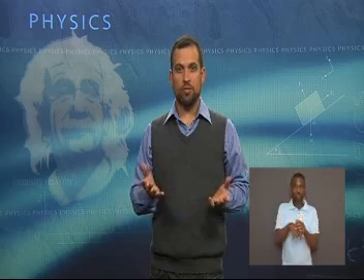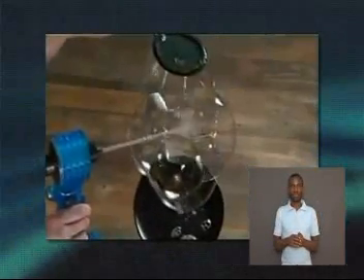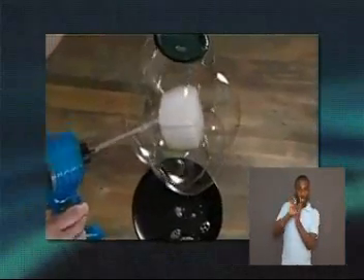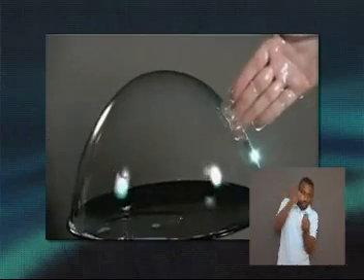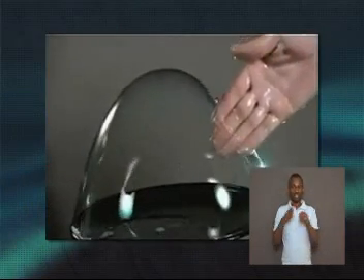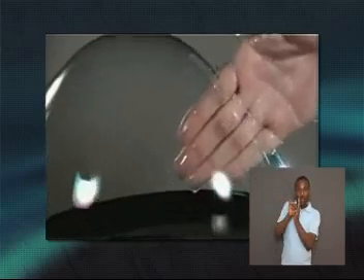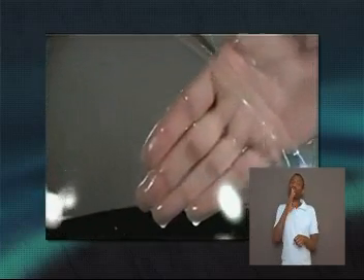Students, if you would like to conduct an experiment in surface tension at home, simply add some dish detergent or soap to water. When soap molecules are added to water molecules, they reduce the surface tension of the water.